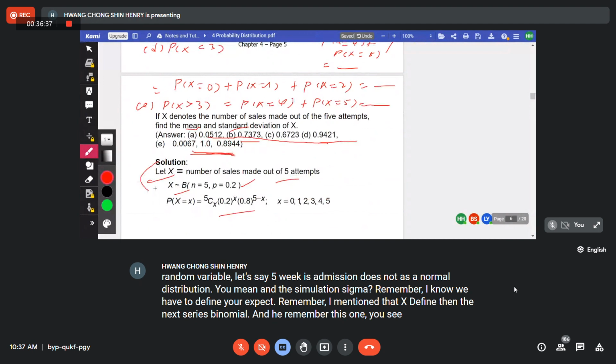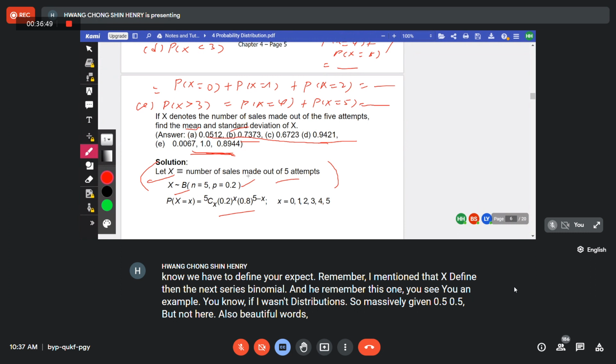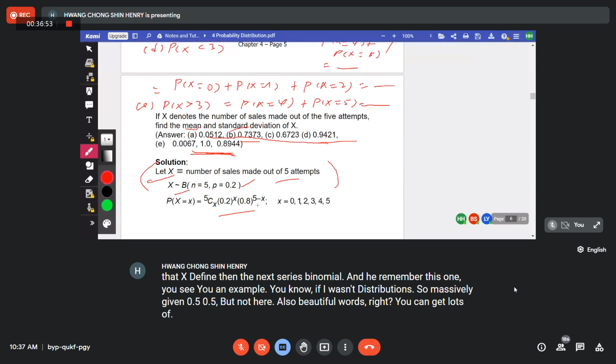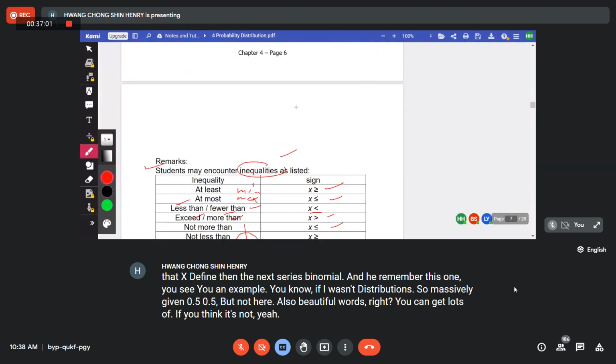You must define what's your x, then you write down the distribution. So marks will be given, 0.5, 0.5, one mark here. Those of you who don't write can still get two answers, but lose one mark. If you think this one mark is not important, then you might not need to write. Okay, one mark is very important.